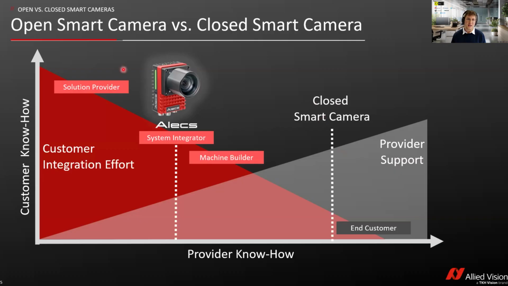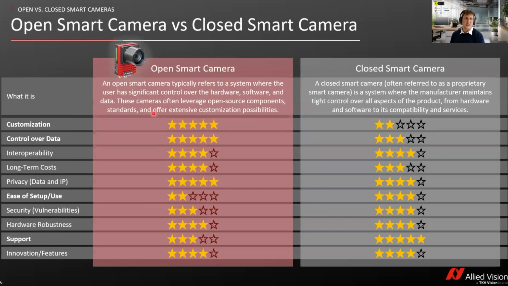And open smart cameras are more dedicated to flexible solutions, which come with system integrators, machine builders, and solution providers. In this overview, here are some parameters which we can directly compare. I will not go through each one, but promote some points. The customization, as mentioned, is as high as you can get with the open smart camera system because it's open to software, and at that point you also have control over the data.